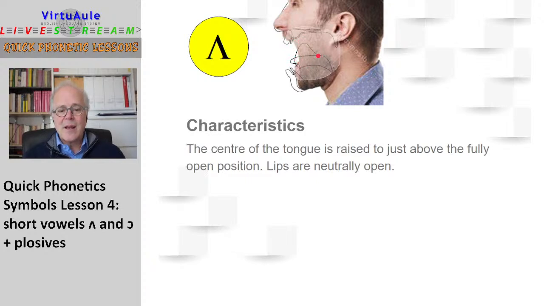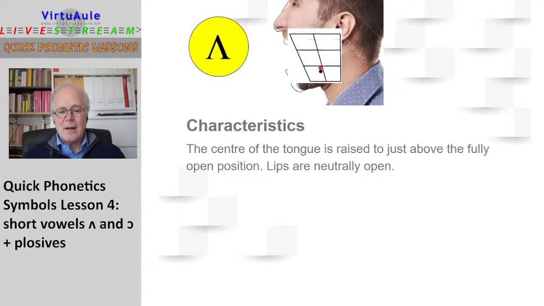This is where the sounds are produced. And if you can imagine this kind of diagram, the front of the mouth, the back of the mouth, the closed part of the mouth, and the open part of the mouth. So this sound is down here.